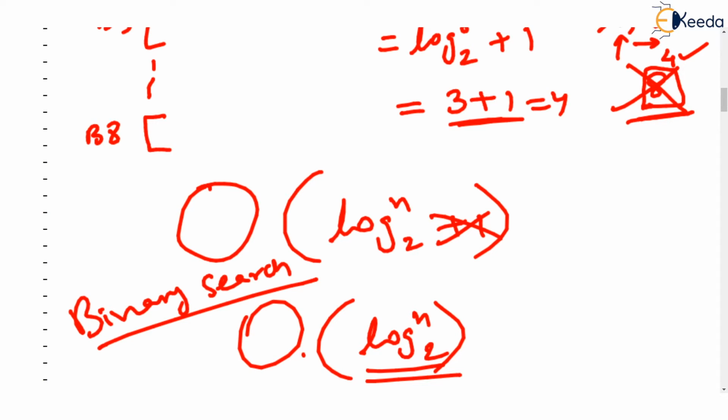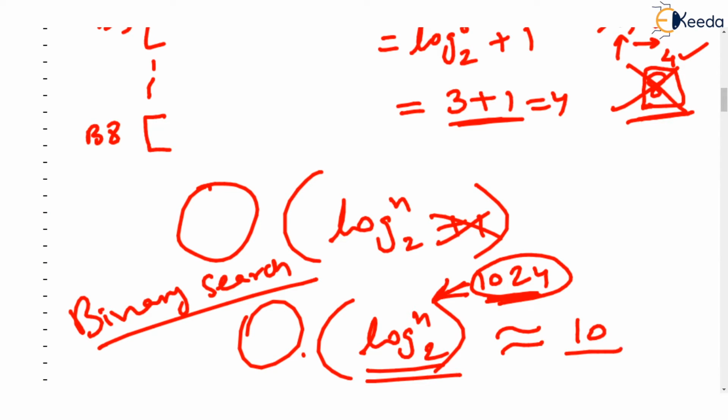You can imagine if we had 1024 blocks. Oh, good Lord, this is a very large file, and each block is containing several records, but these are the number of blocks. Then we have to hardly do 10 block accesses. 10 times we will have to read the hard disk, which is a much lesser quantity than 1024. I hope you are understanding.